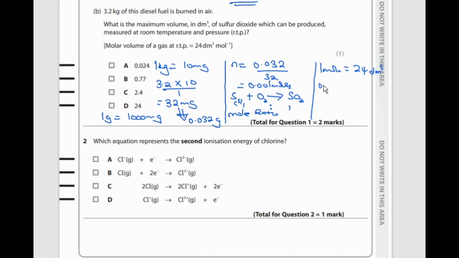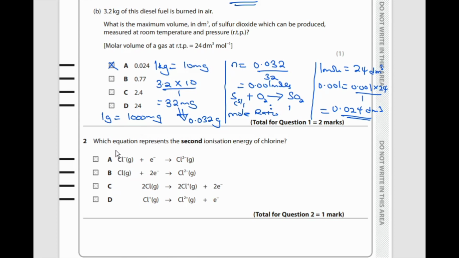Now what about 0.001 mole? It will be 0.001 times 24 divided by 1, and this will give us 0.024 dm cubed. Therefore, our answer is going to be A.